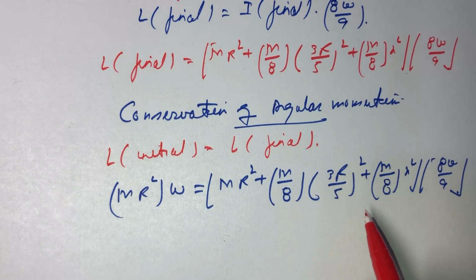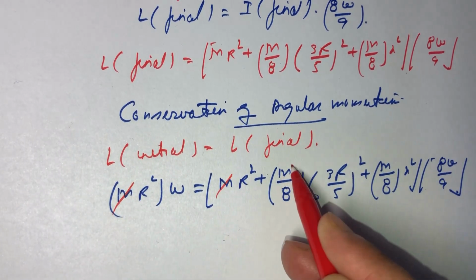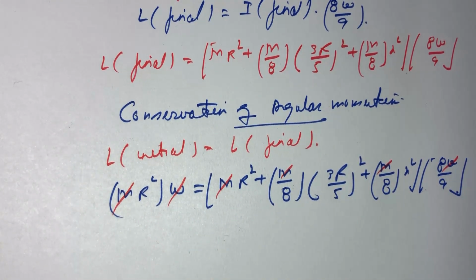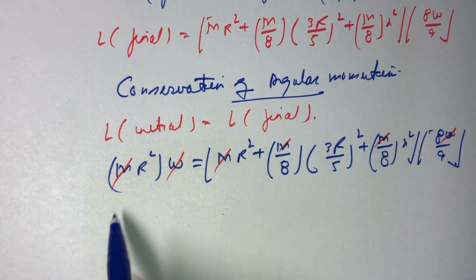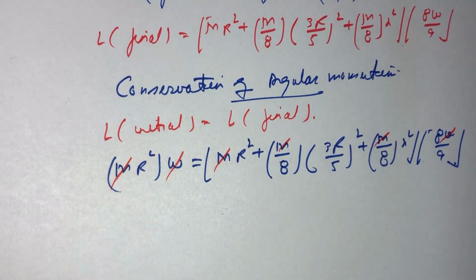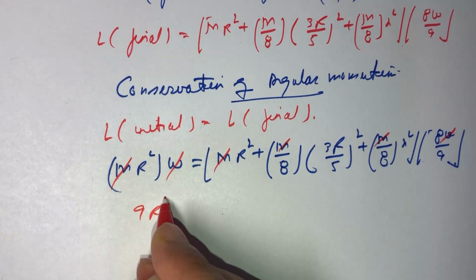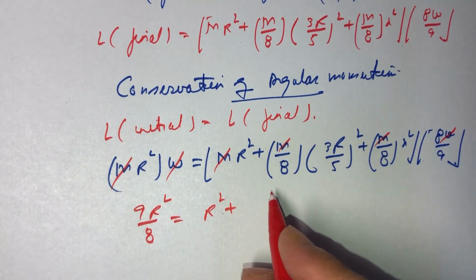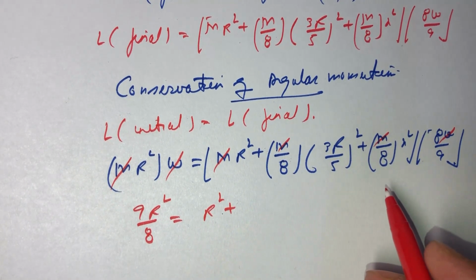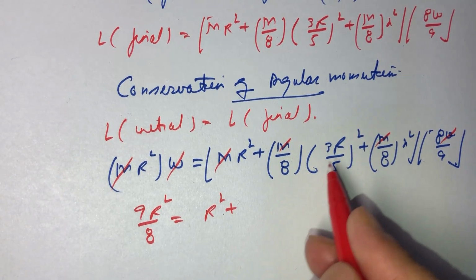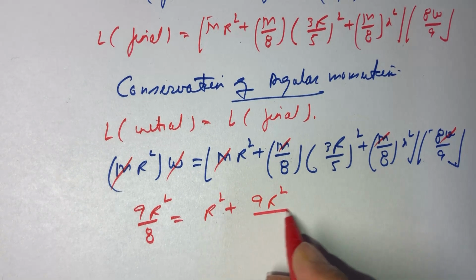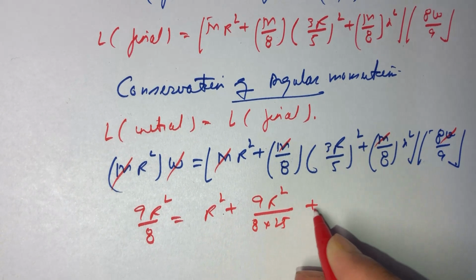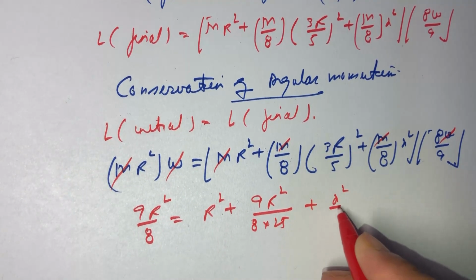So here we can cancel m throughout, and also omega cancels out, so we are left with, and multiplying this on the left side, we get 9r square by 8 is equal to r square plus, this will be our 9r square, and this will be 8 into 25, plus x square by 8.